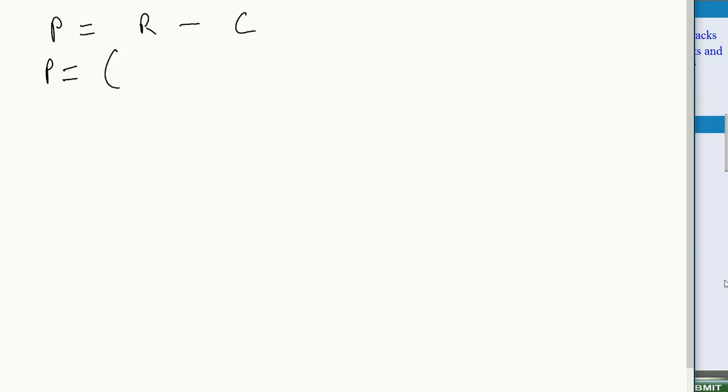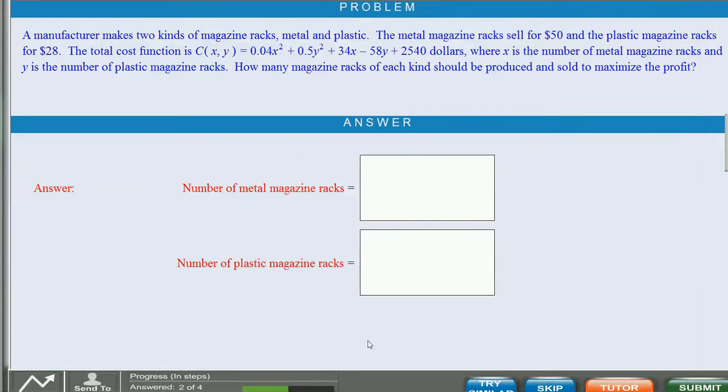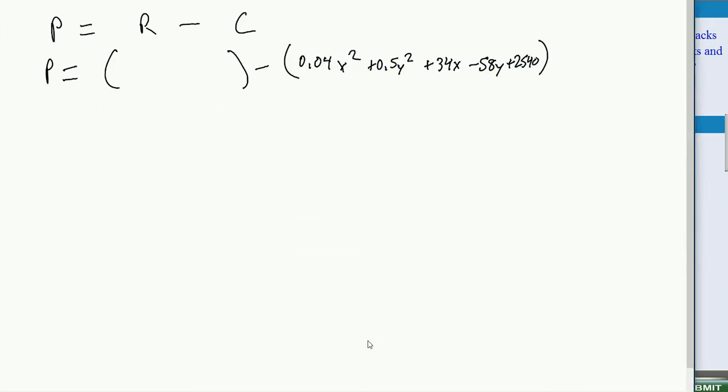So we need a revenue function and a cost function. Well, they already gave us the cost function, so we have that. Cost function is 0.04x squared plus 0.5y squared plus 34x minus 58y plus 2540. So I'll plug that in for my cost function here.